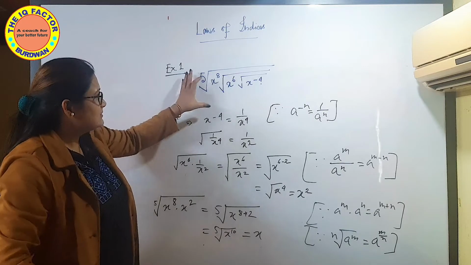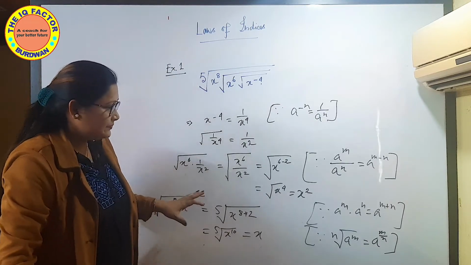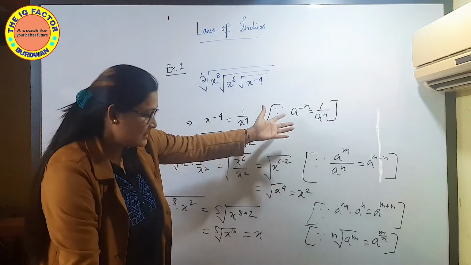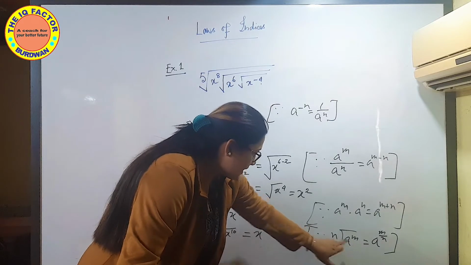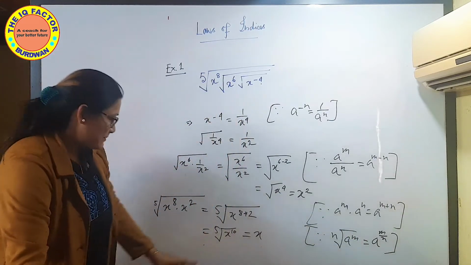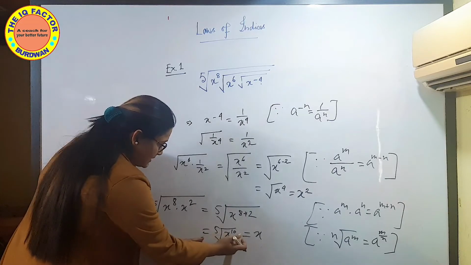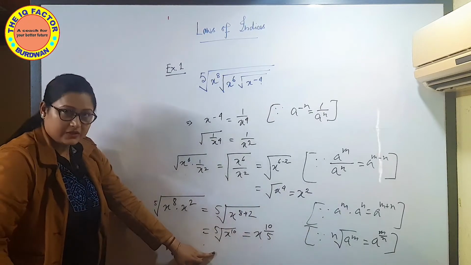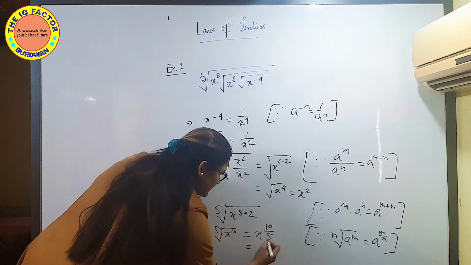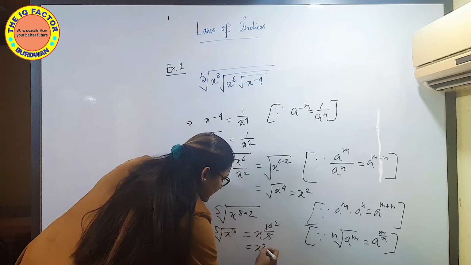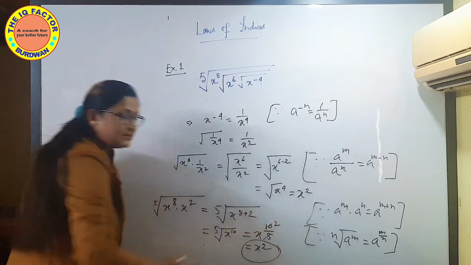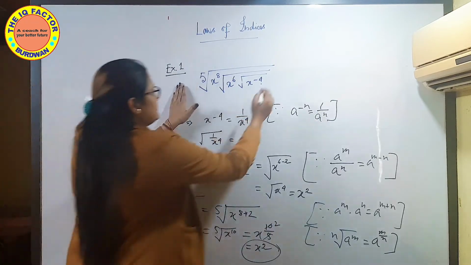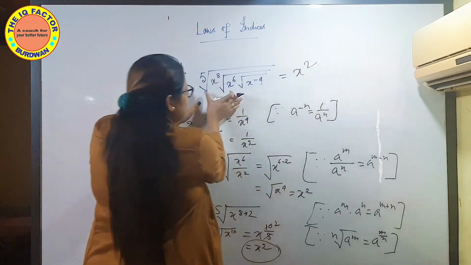So, in the full problem we can apply four of the laws. Here we can apply x to the power 10 by 5. You can relate, I think. So, what is that? x square. So, the answer of this problem is x square.